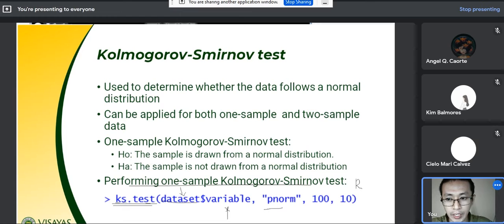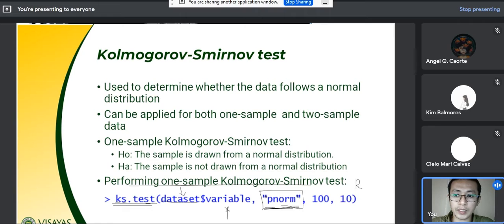And then we have here, class, since this is one-sample data, we are going to include this argument, pnorm. It is enclosed, class, in double quotation marks. And this is constant. So why do we need to add this constant value? The pnorm, class, means we are going to check whether our data is drawn from a normal distribution.